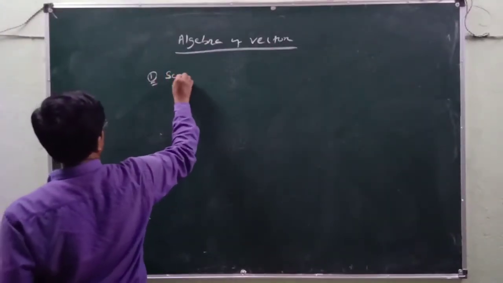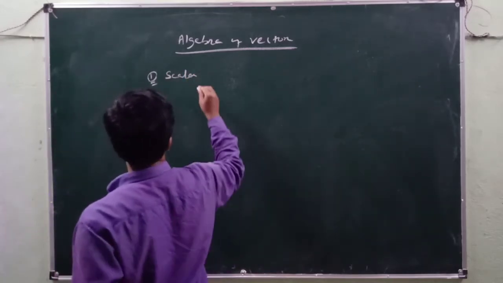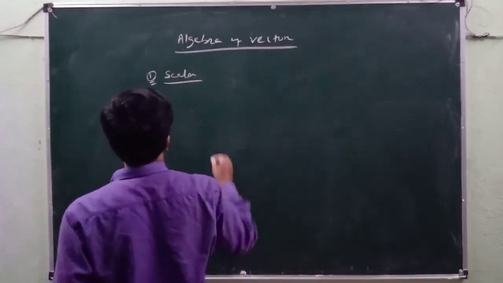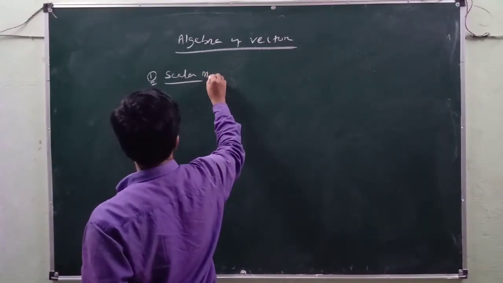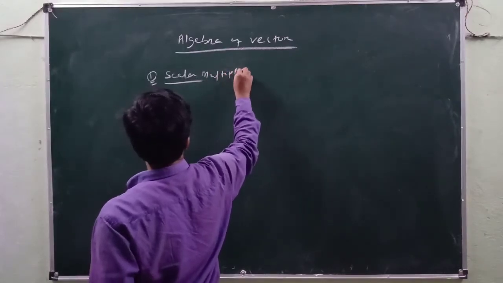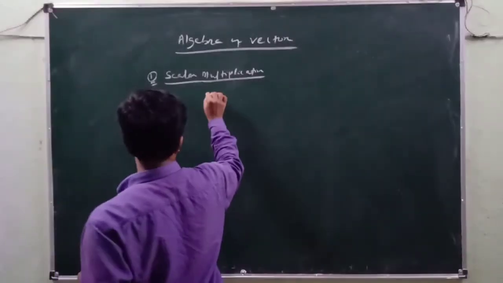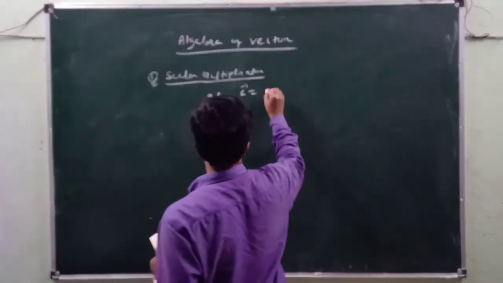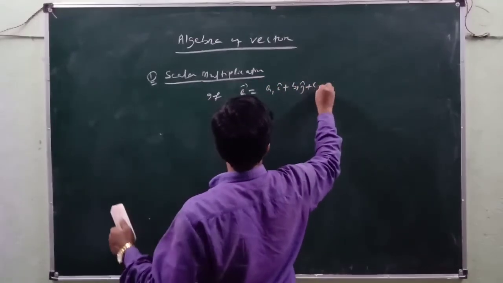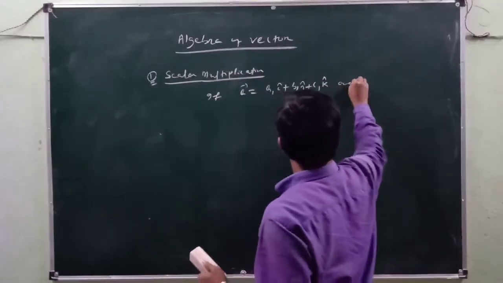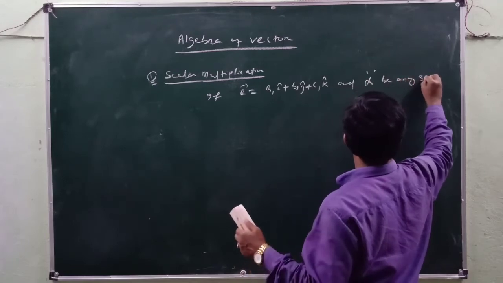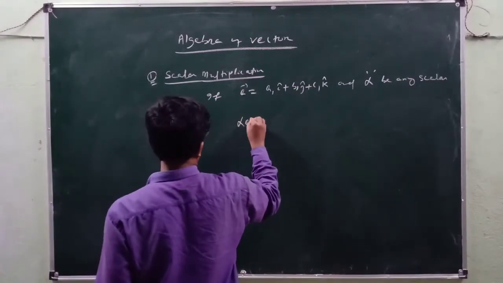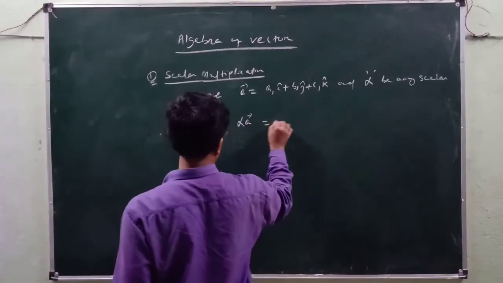Number 1, scalar multiplication. If a be any vector, suppose I write a1 i cap plus b1 j cap plus c1 k cap, and alpha be any scalar number, then alpha into a is alpha a vector.